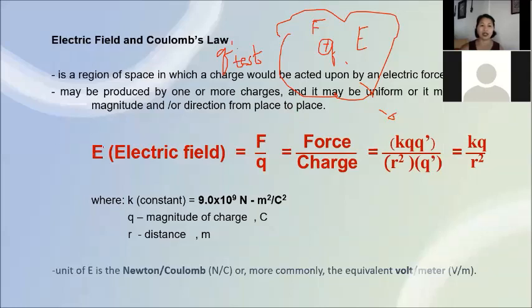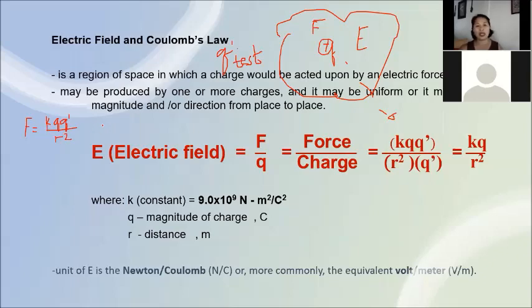Mathematically, electric field is equal to force divided by charge, or F over Q. And since sa topic ng electric charge, may formula ng force doon. That force is equal to K, Q1. So let us write Q instead of Q1 and Q prime instead of Q2, and all over square ng distance.